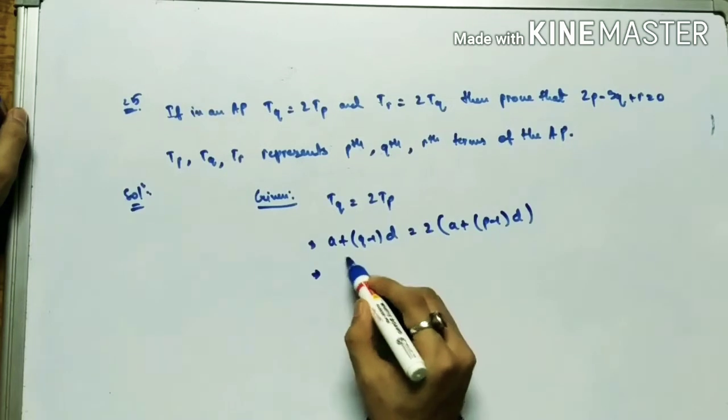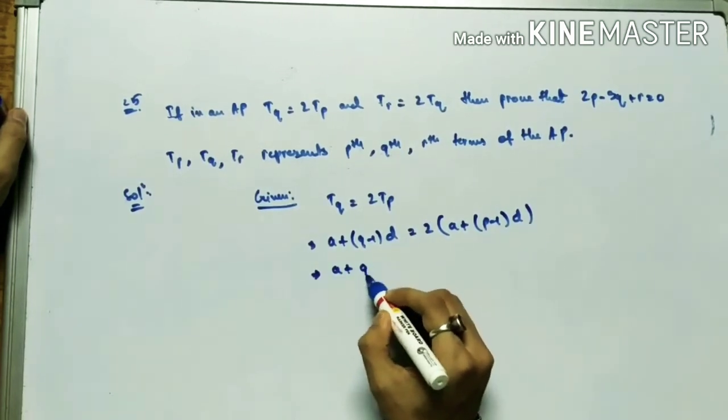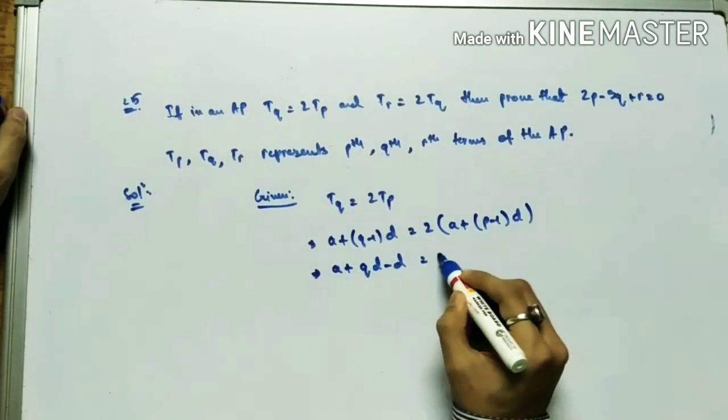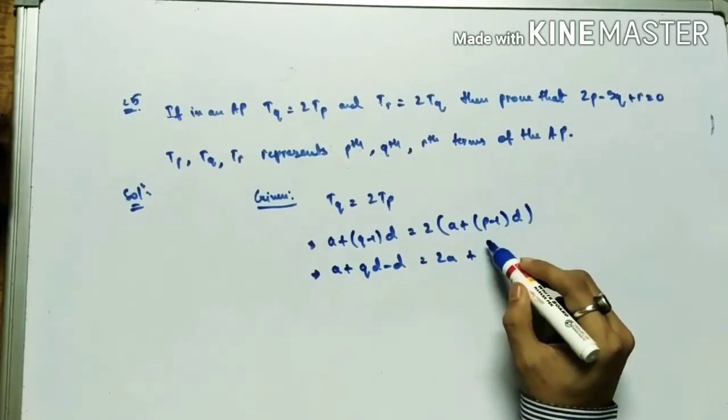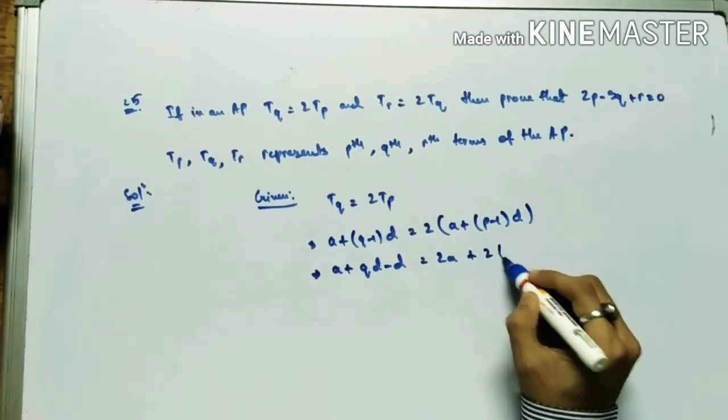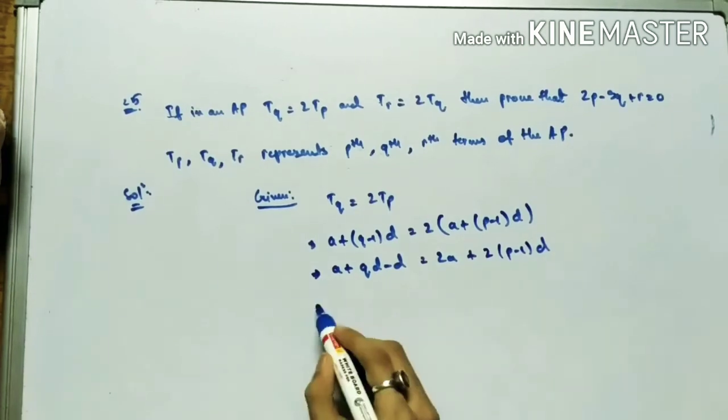Now if I solve it a little bit, A plus QD minus D is equal to twice A plus twice (P minus 1)D.